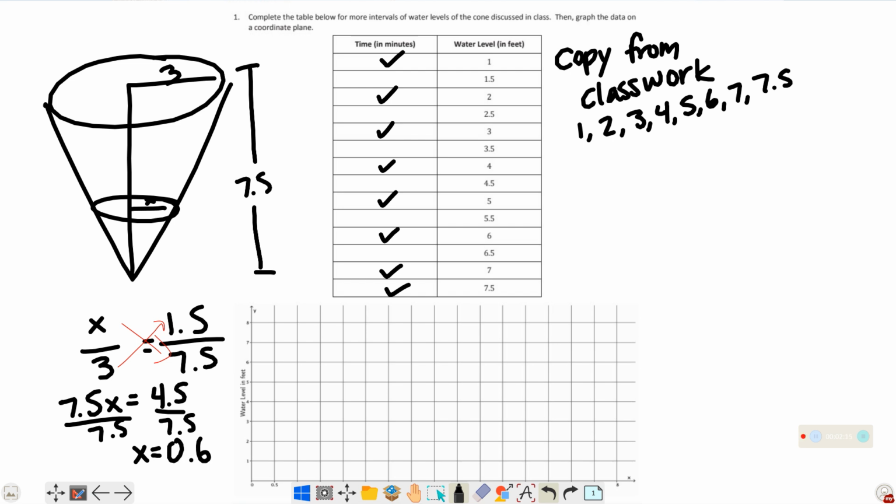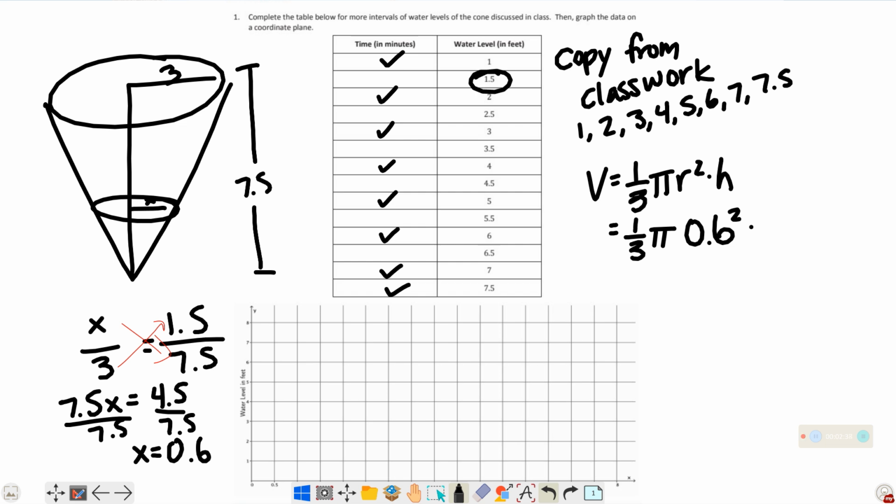That doesn't tell us the volume or the time. So we're going to use the volume formula to calculate what the volume is. We have 1/3 times pi. Our radius is 0.6. And our height was 1.5.